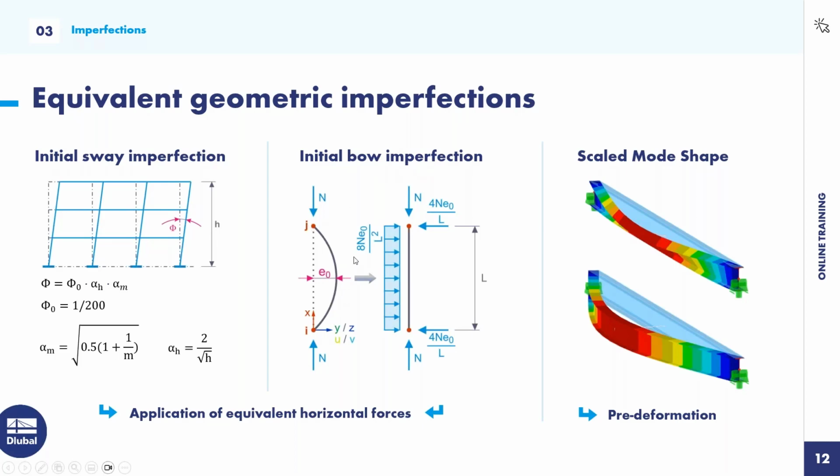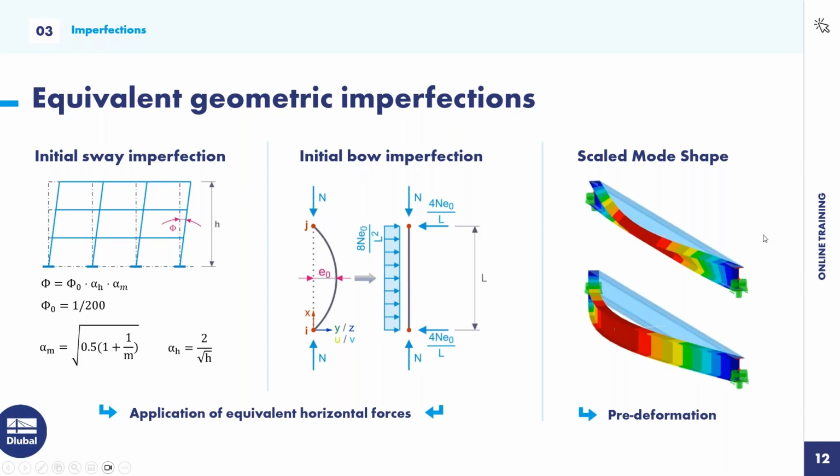This depends on the selected profile, the yield point, the buckling curves, and the proof method. These two variants are possibilities of the equivalent geometric imperfections. Another alternative is the pre-deformation, which can be calculated with the help of stability analysis. But usually you use these two imperfections here.